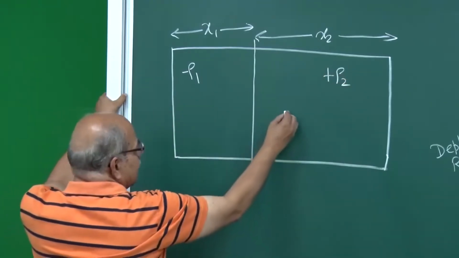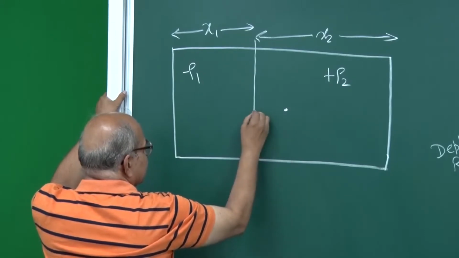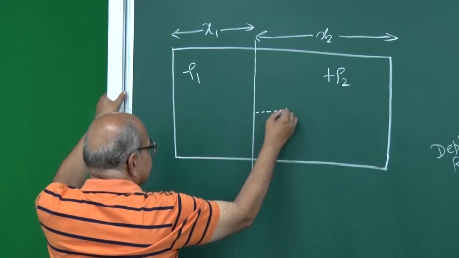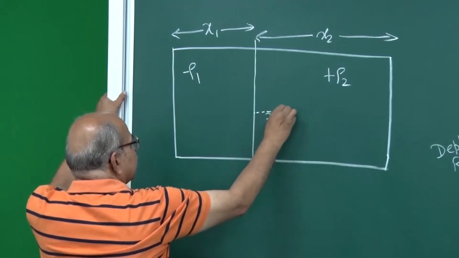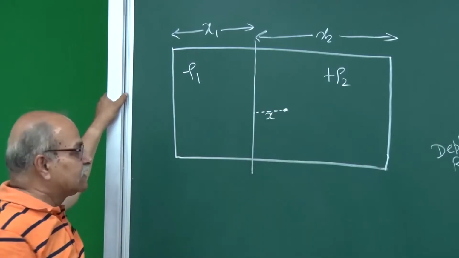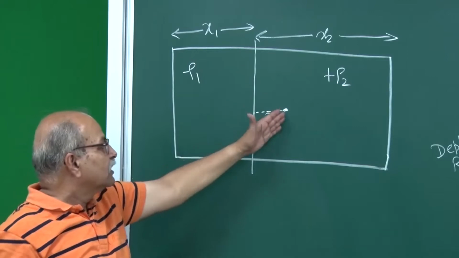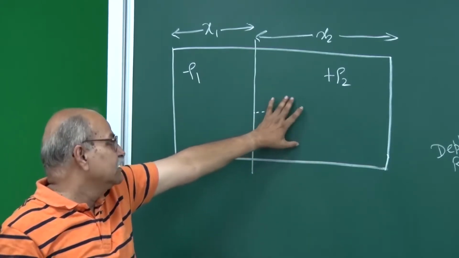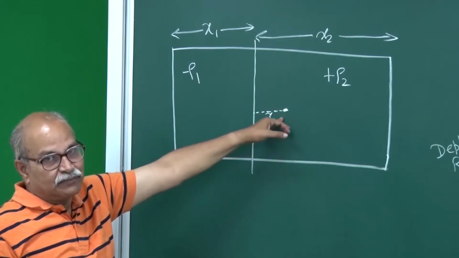And suppose I need the electric field at this point at some distance, which I will call x, the electric field at x. This is x equal to 0. Remember, the junction is x equal to 0. So at distance x, in that n-type side, I am putting a point here. What is the electric field at this point?